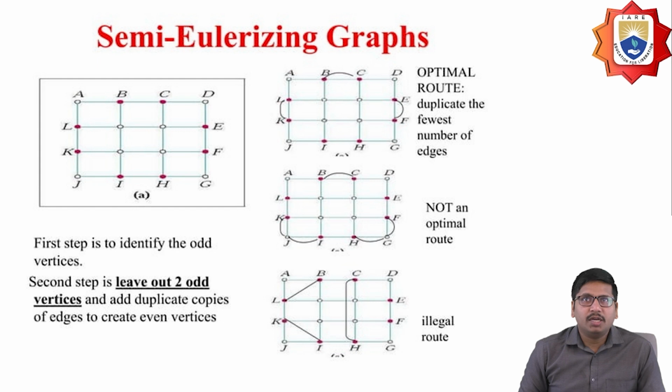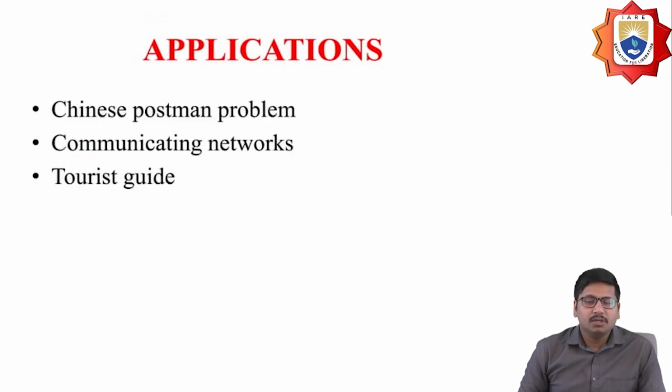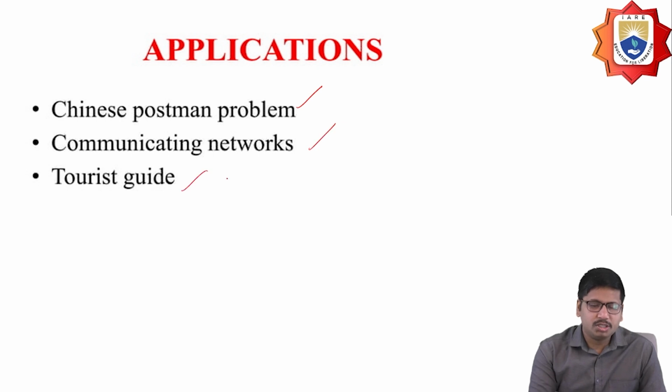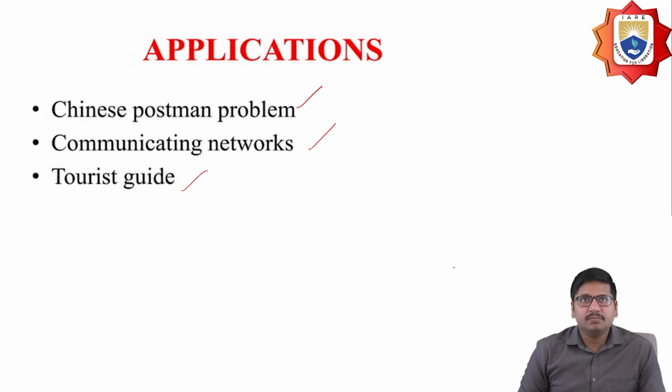And semi-regularizing a graph means that first we identify the odd vertices, and then second we lay out these two vertices and add duplicate copies of the edges. The applications of this are the Chinese postman problem, communication networks and so on. So these are the applications of graphs.